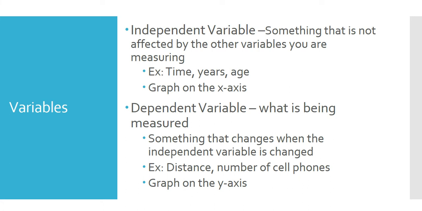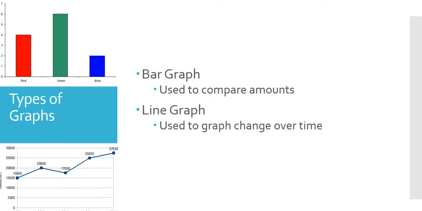The dependent variable, what depends on the other, and it's also what's being measured, goes on the y-axis. Some examples of this that we saw in our class and on the test would be distance, or the number of cell phones that teenagers used, depending on how old they were.